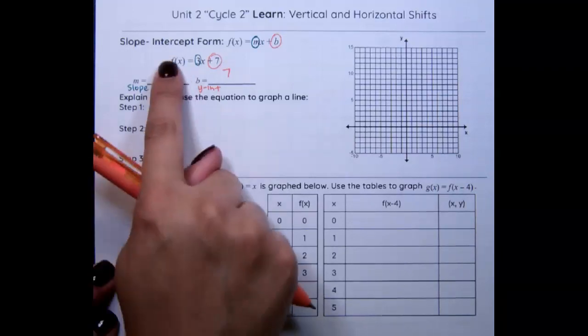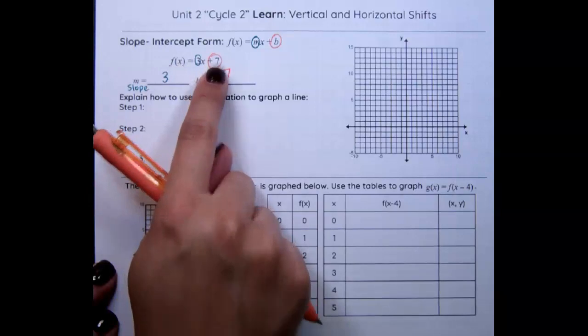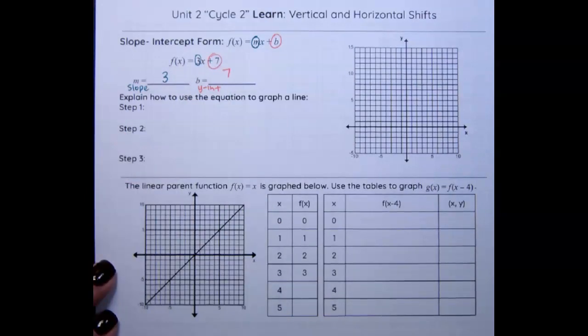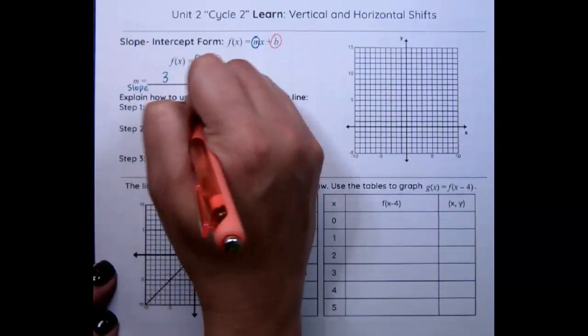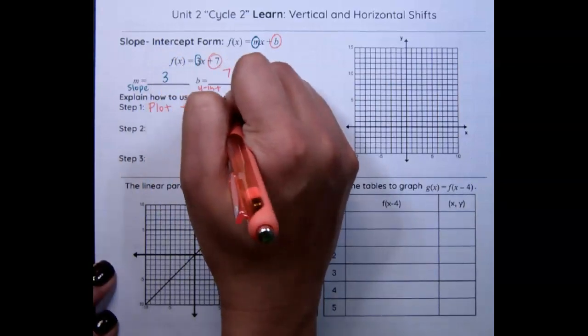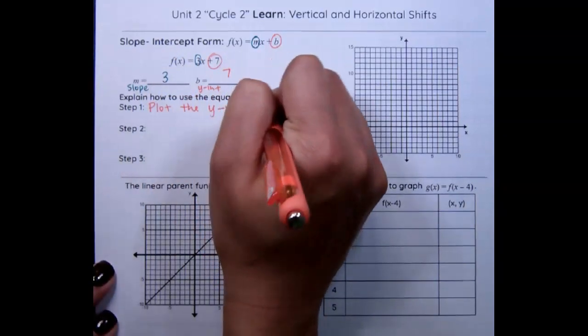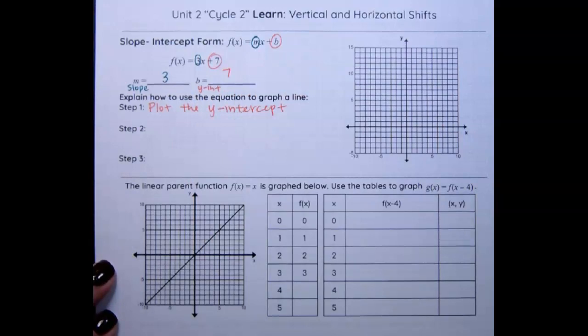Anytime that you have an equation or a function that is in slope-intercept form, the first thing that you are going to do to help you graph that on a graph is to plot the y-intercept. The y-intercept always goes on the y-axis. So you look at your y-axis, you start at the origin.